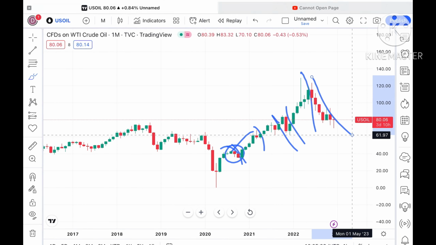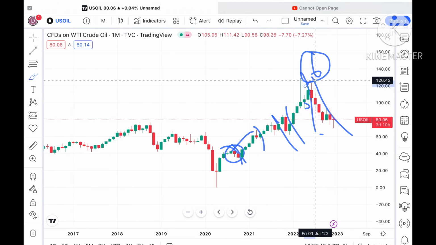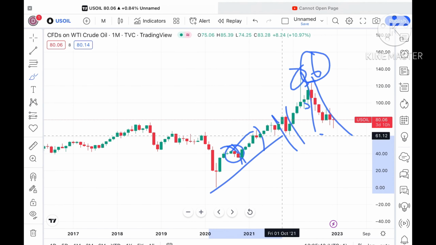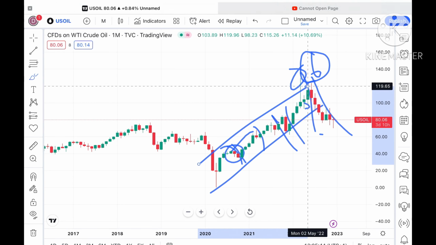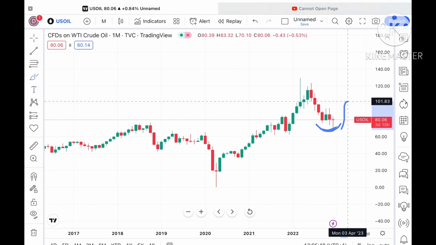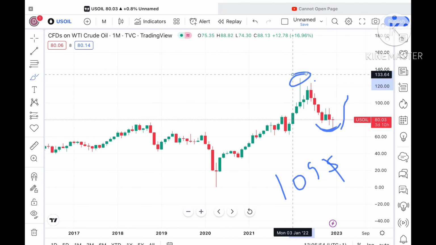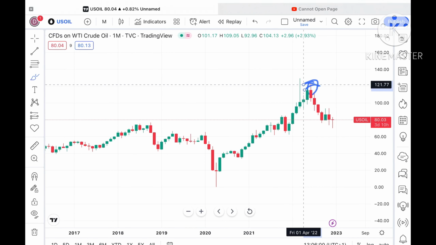But for the sixth time it tries to move upside, it didn't move above this particular zone. Otherwise after 2020 the same pattern was being repeated. So if this swing forms at this particular level and it moves above a level of around $109, then chances are high it can cross this particular zone. Otherwise it takes a swing at this particular level and comes down again.